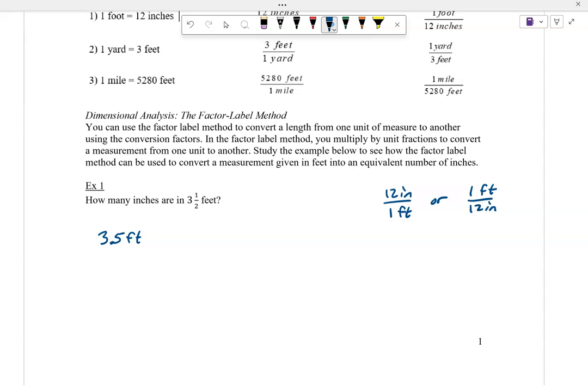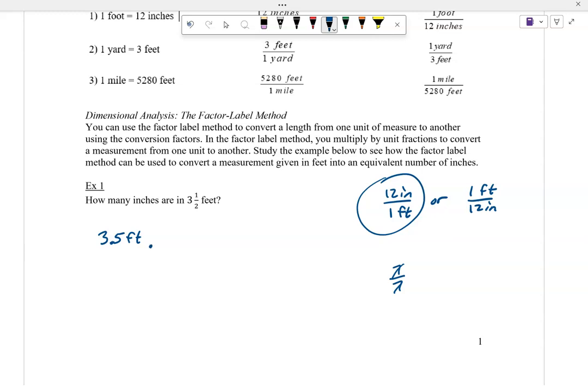And if you remember, if you have 7 over 7, that simplifies, cancels to 1. 1 over 1. We're just doing it with units. Which one of these two am I going to pick? I'm going to pick the one where it has my feet on the bottom. So I'm going to pick that first one.